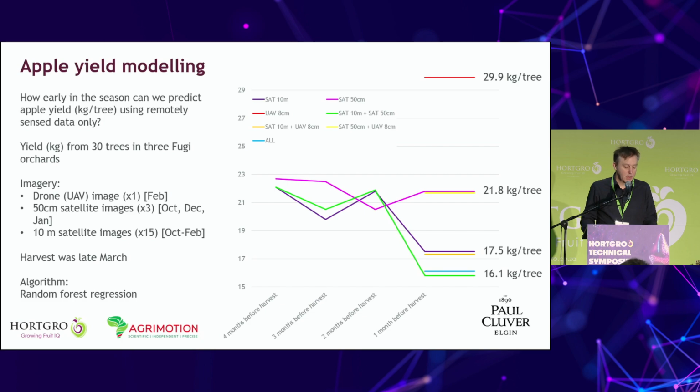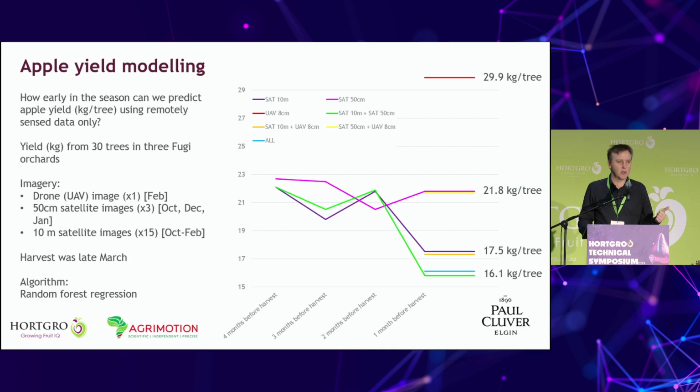We studied 3 Fuji orchards at Paul Kluwer, and I wasn't involved in the collection of data, but the yield was collected for 30 trees. And we looked at various other things as well, but I'm just going to talk about yield. So yield per tree for 30 trees in these 3 orchards.